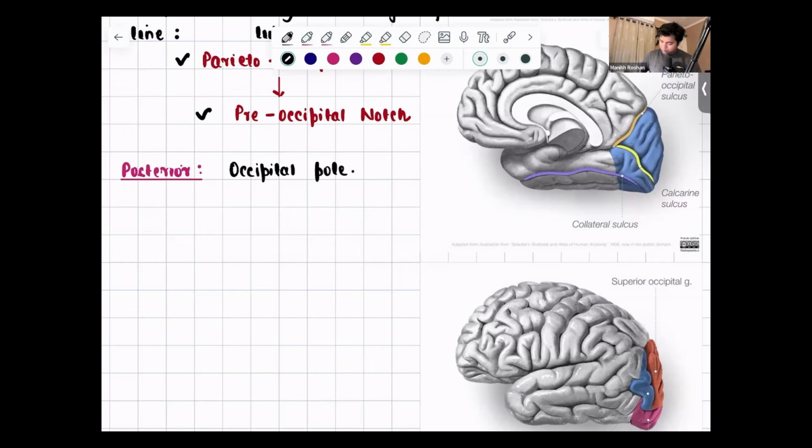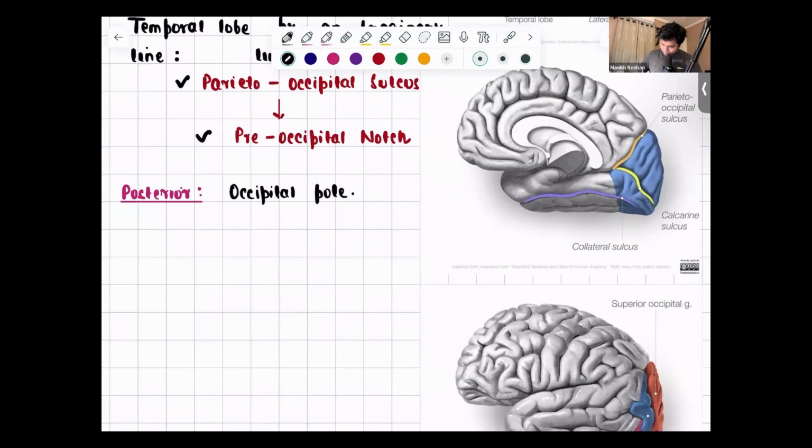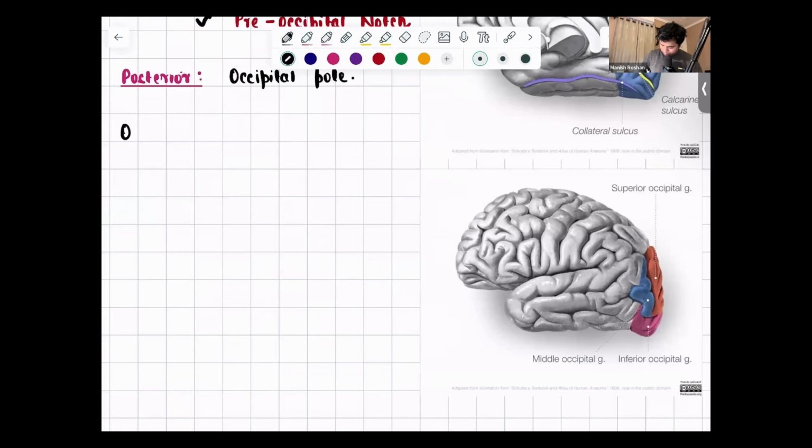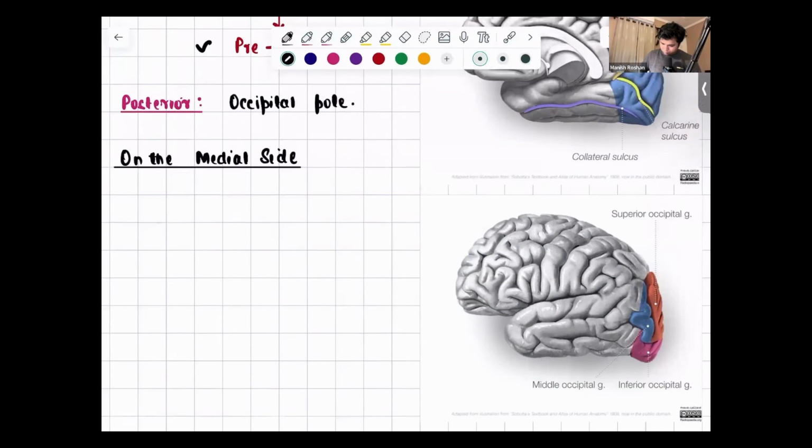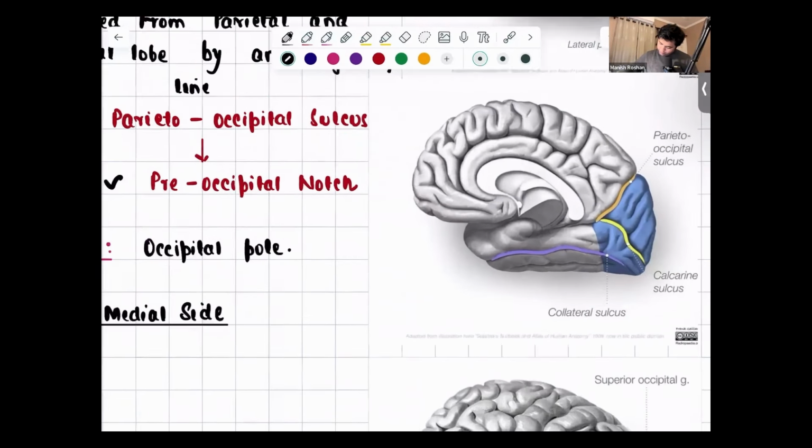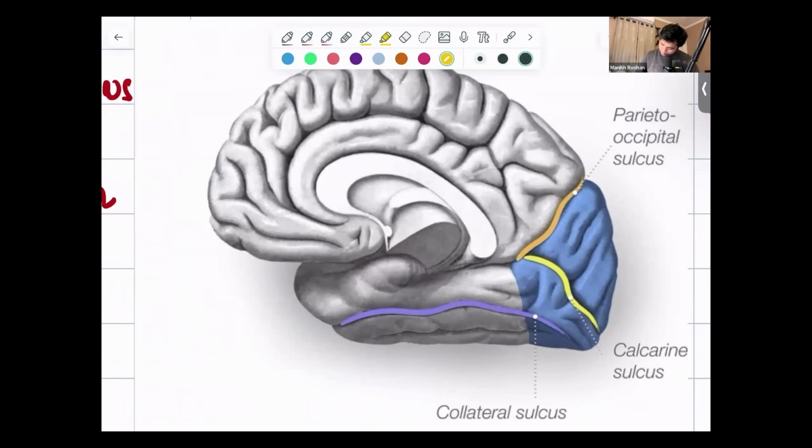Okay. Now, on the medial side, if we look, here also you can find that there is the parieto-occipital sulcus on the top.